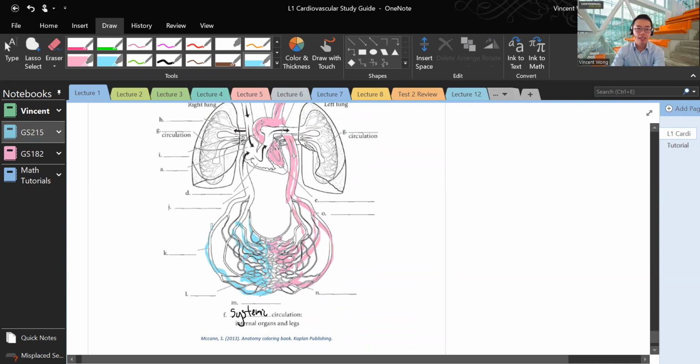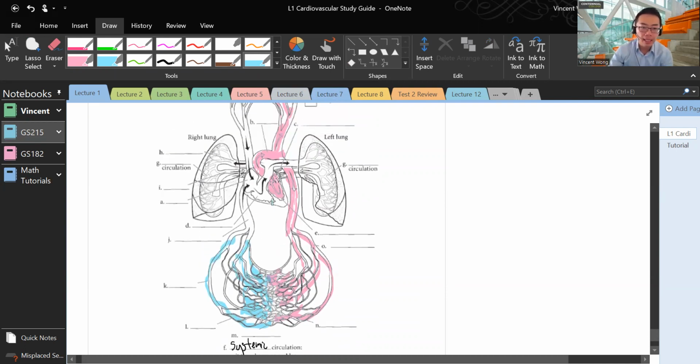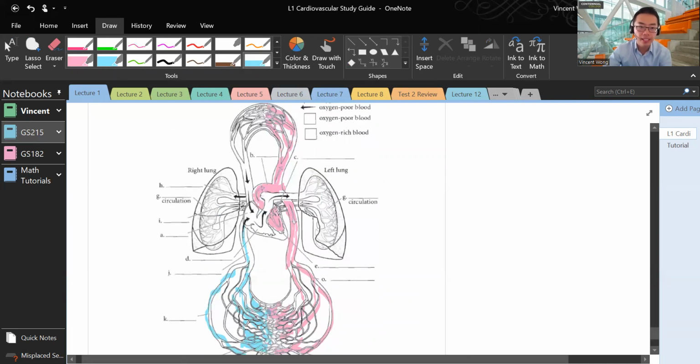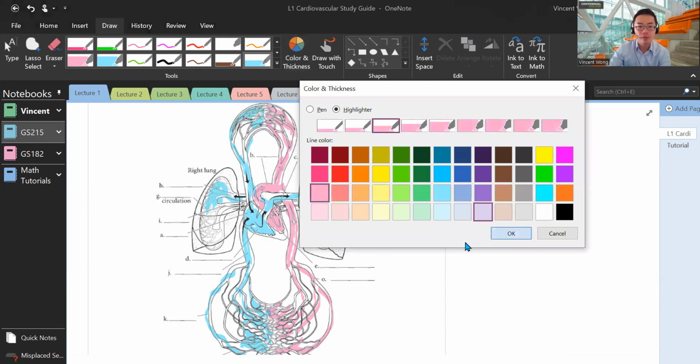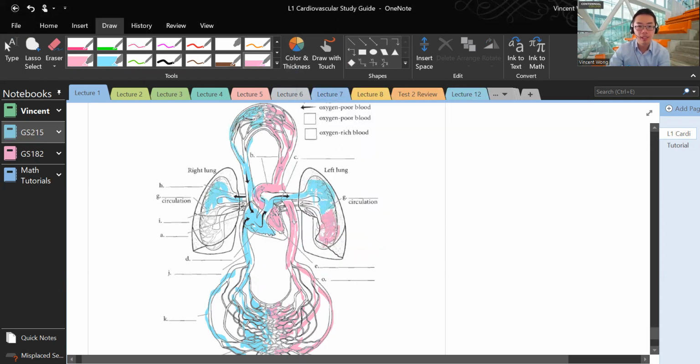So it's going to come back here and go through the inferior vena cava to the right side of the heart. Same thing for the top part of the body, right? Where then the blood will go to the lungs like this. So in the lungs, it will go from blue blood back to red blood before returning to the heart.